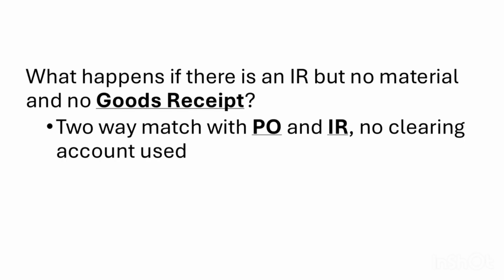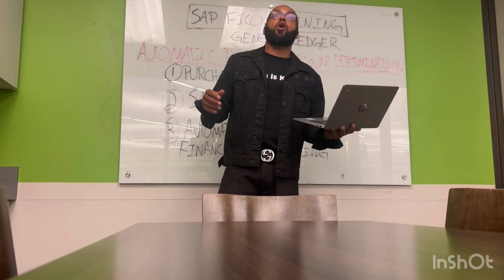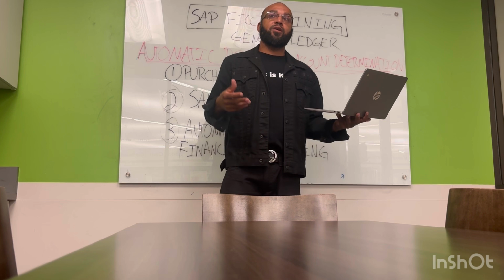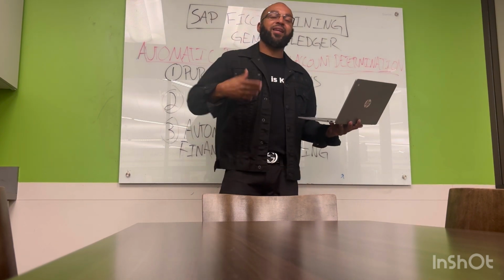Okay, question. What happens if there is an invoice receipt, IR, but no material and no goods receipt? So the vendor sent us the invoice saying, hey, pay me. So I'm like, oh man, I gotta pay him, okay. But we don't got any material. Well, at this point, you can do what's called a two-way match, because once we get an invoice, we're supposed to process invoices in a timely manner.